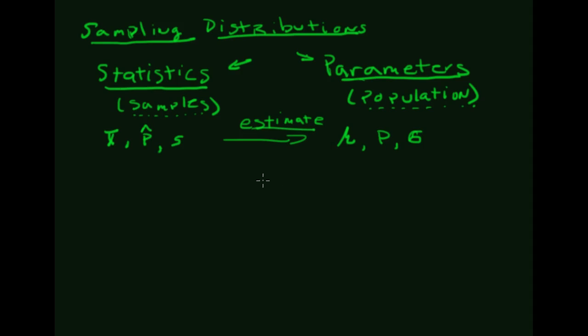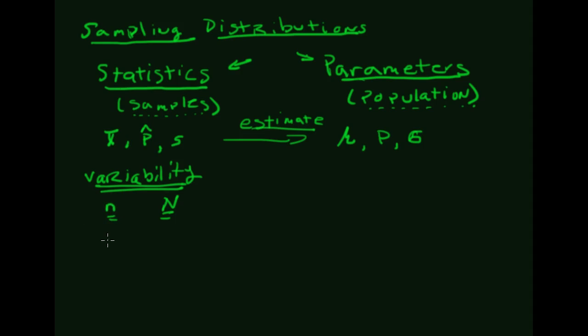Okay, so what's going to happen in the notes is it's going to talk about the variability of a sample. So you can take samples of size little n from this population, big N, and you can take a number of them.